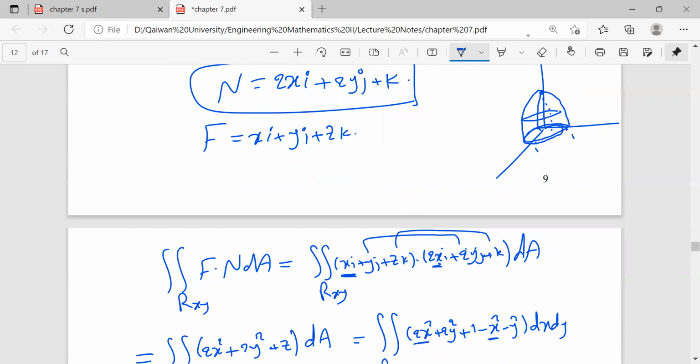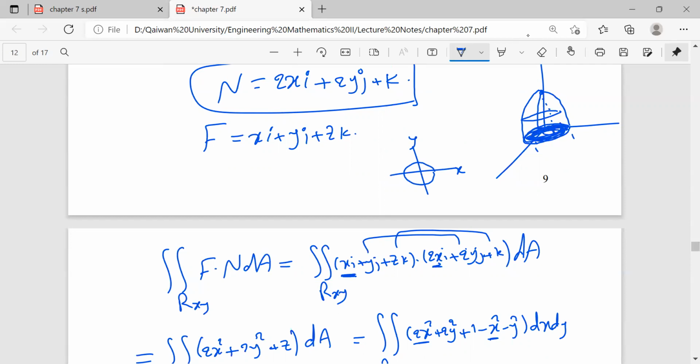And the projection is the circle which is on the xy plane. This circle is the projection of that paraboloid on the xy plane. This is x, this is y. It's only this circle.